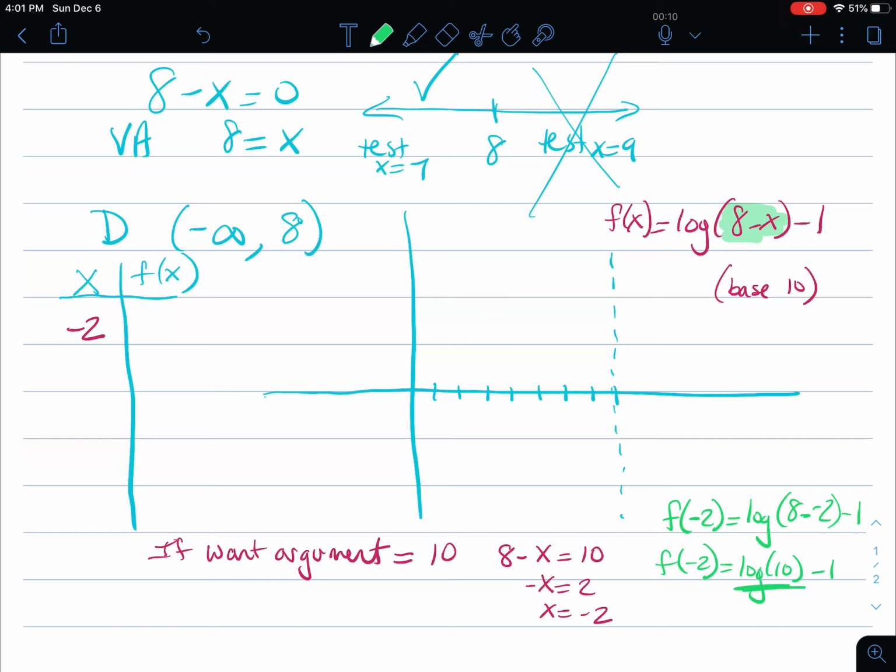Then do the log of 10. So this is log base 10 of 10. The question we're asking is, 10 to what power is 10? Well, that's 1. 1 take away 1, and so our final value is going to be 0. That's my output. So negative 2, 0.